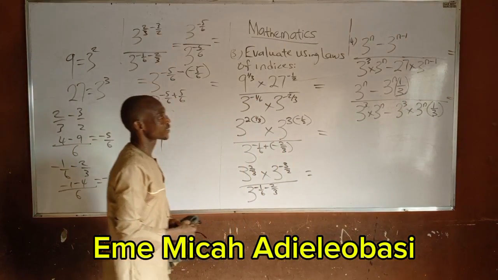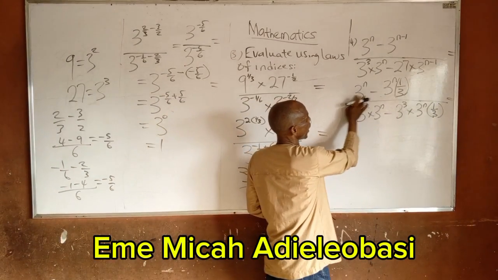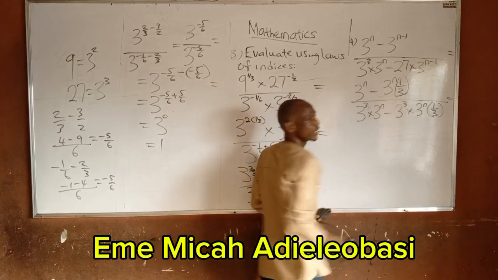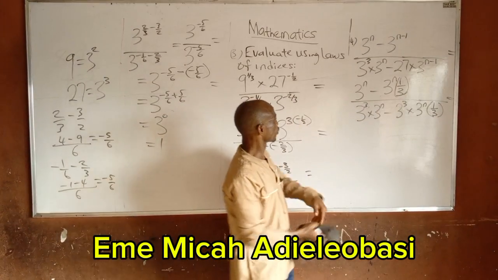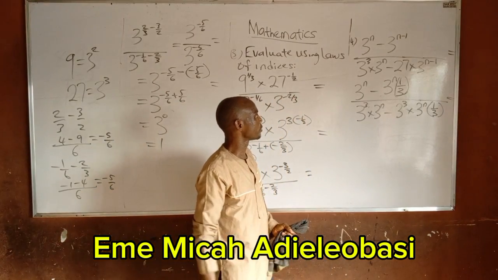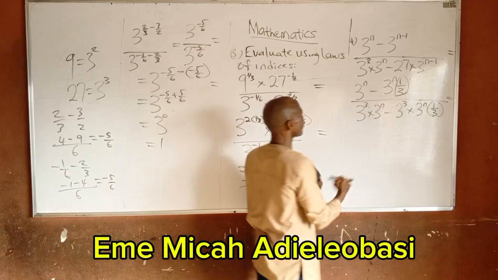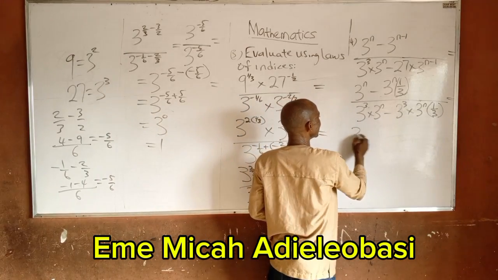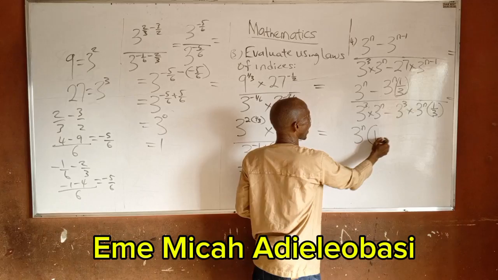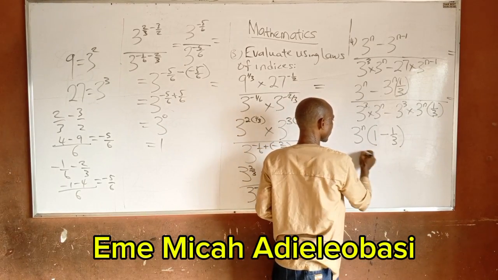Now let's see, what do you notice? That in this place, 3 raised to power n is common to both sides of the value on top there. So we can factorize that by saying 3 raised to power n, open bracket, here becomes 1 minus 1 over 3.